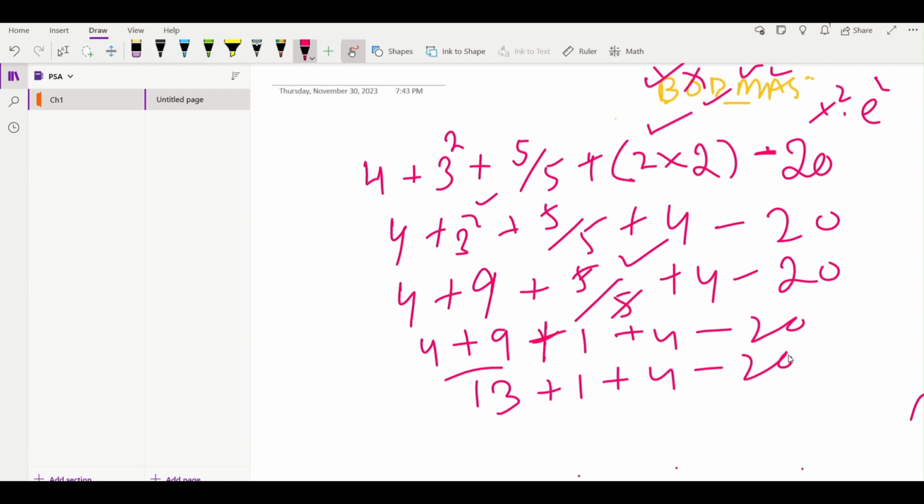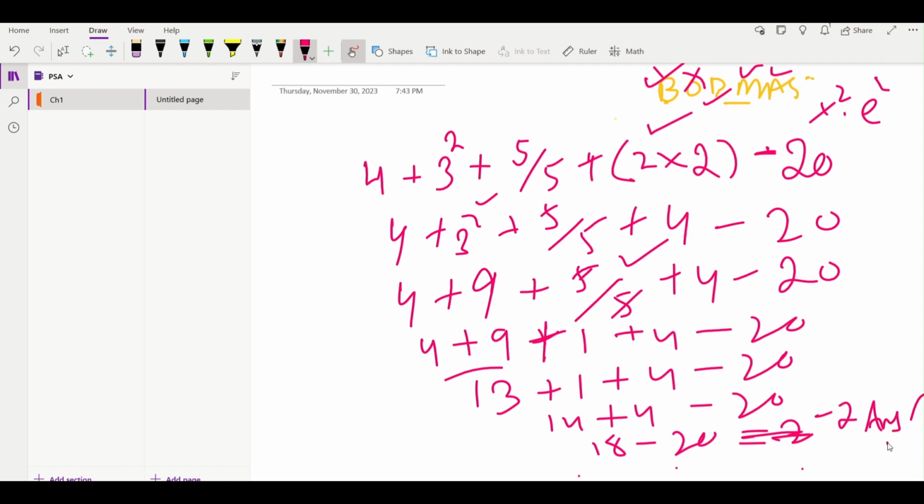So addition comes first, so we solve this first: 14 plus 4 minus 20. Then addition again comes first: 18 minus 20. Equals minus 2. Sorry, 18 minus 20 is minus 2, our answer.